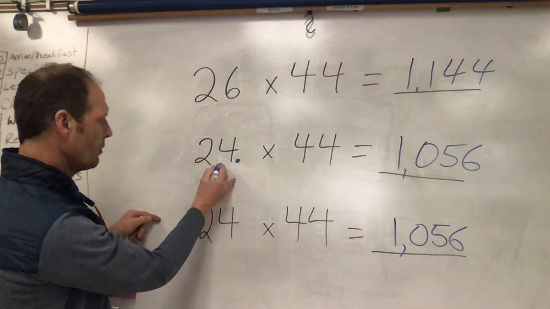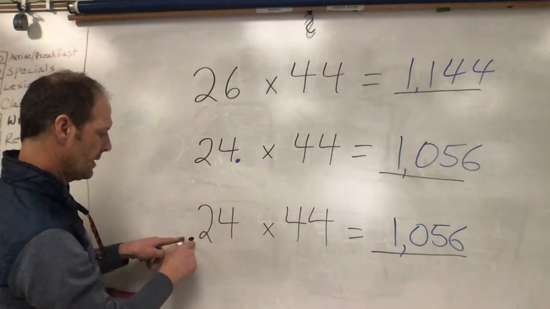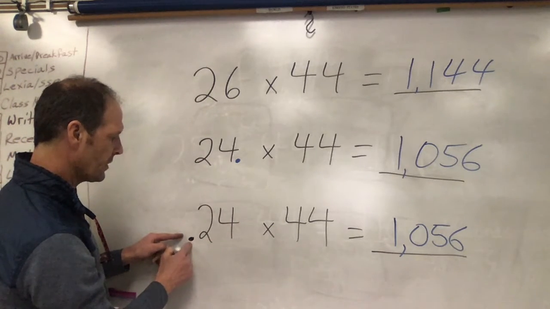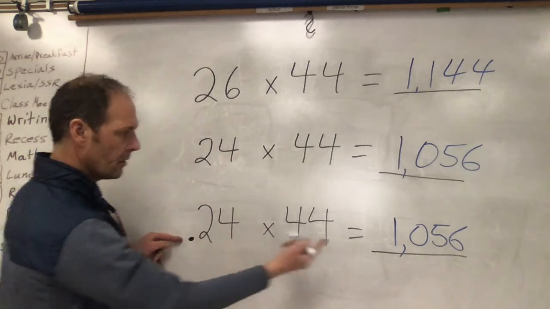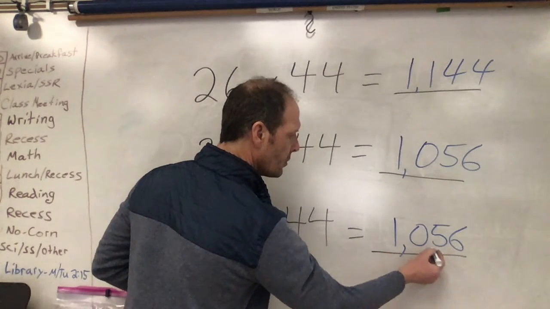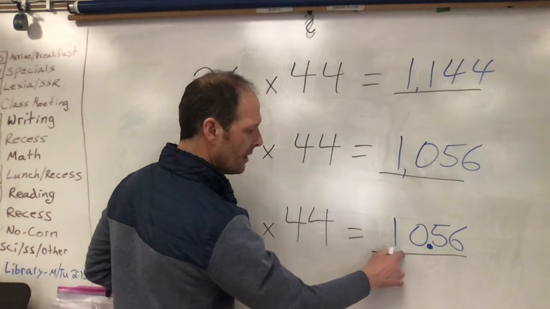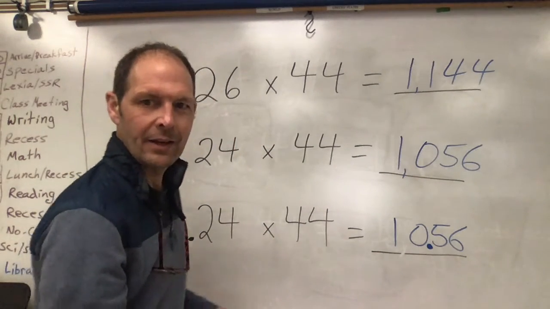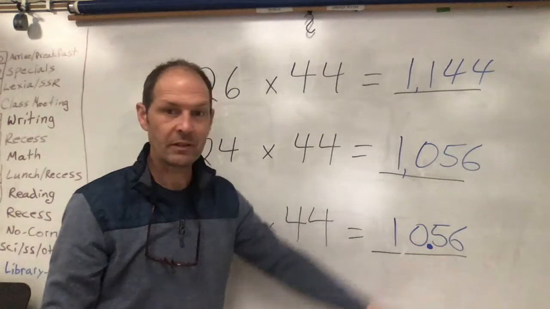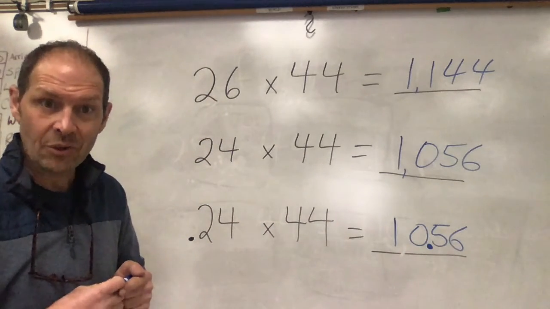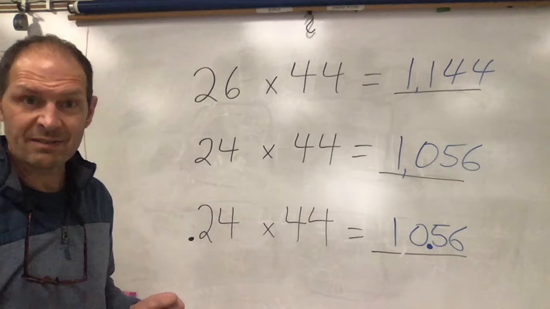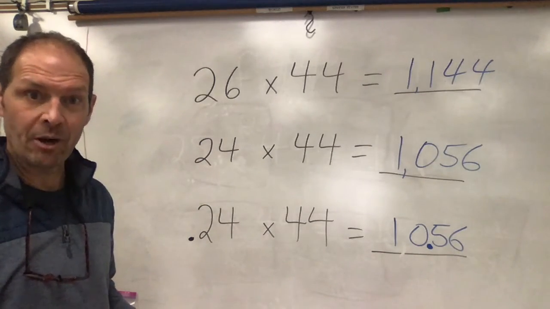Now it's actually moved over to the left 2 spaces down here. So in our answer, we have to move it over to the left 2 spaces right there. And I better get rid of that comma because you don't put a comma there. So the answer is 10 and 56 hundredths. Make sure you get those written in. Pause, get them written in, and then come on back.